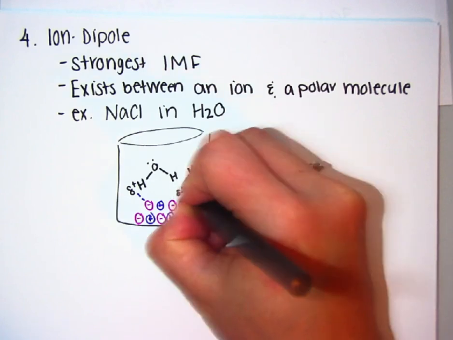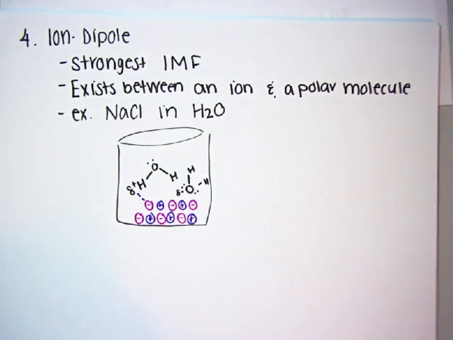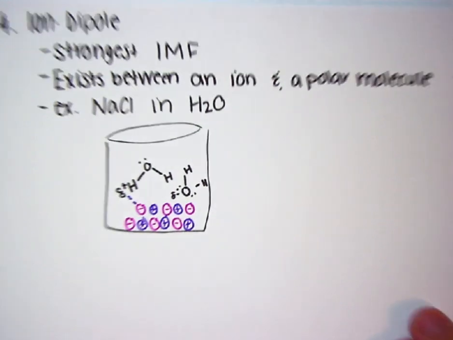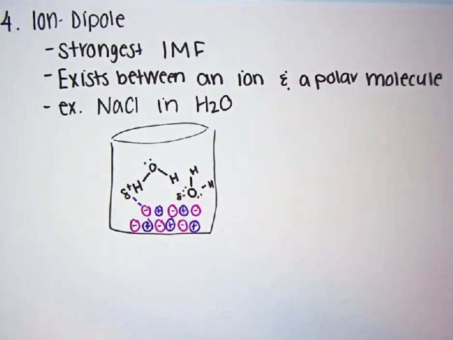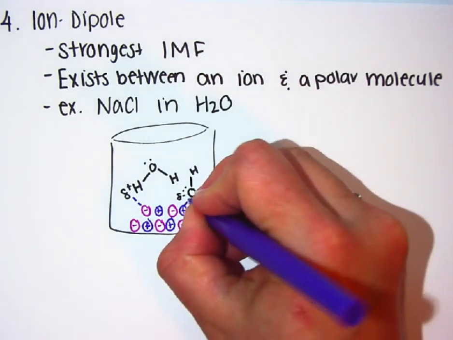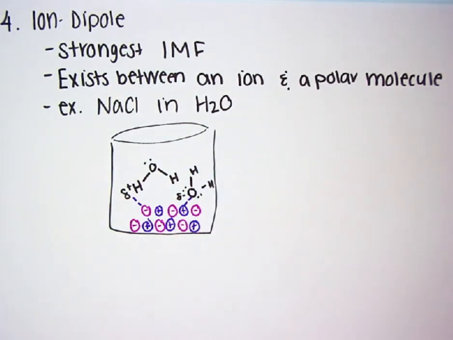Oxygen has a partial negative charge. So the partial negative from oxygen is going to be attracted to the partial positive sodium. So we can have these attractions that exist between ionic compounds or ions and polar compounds.